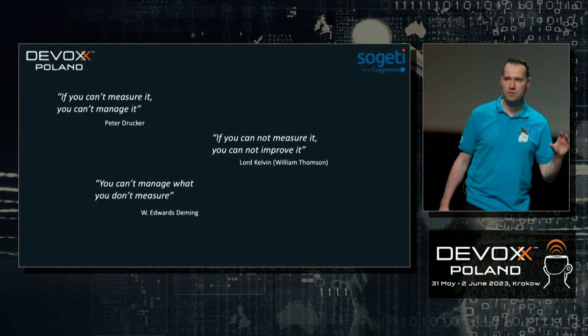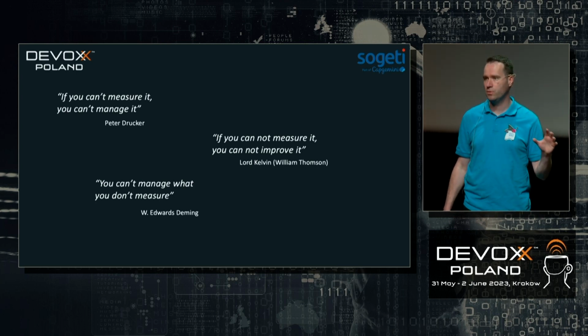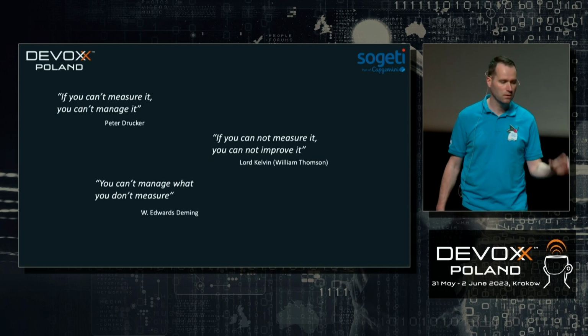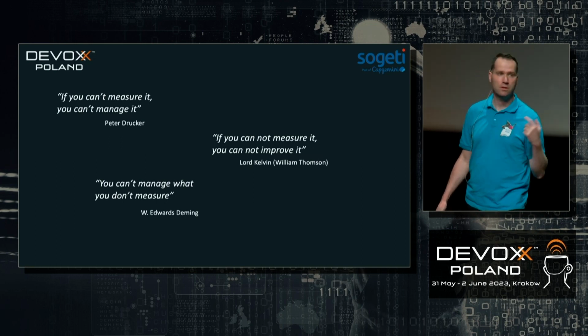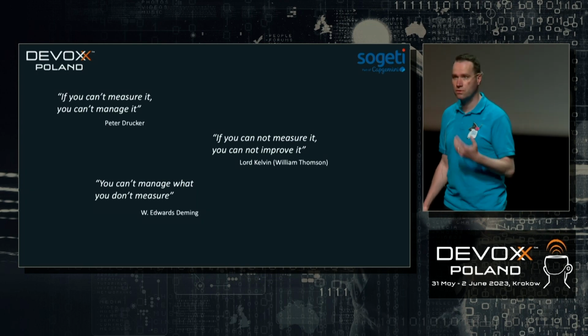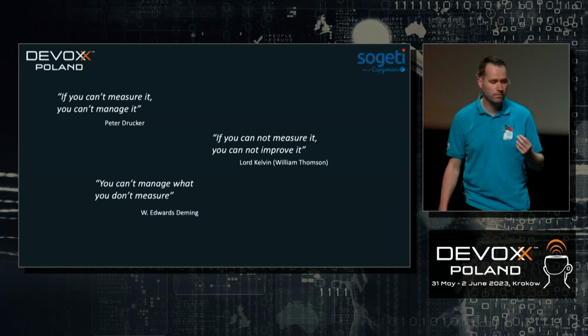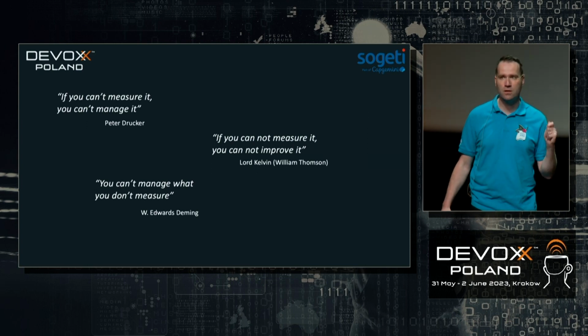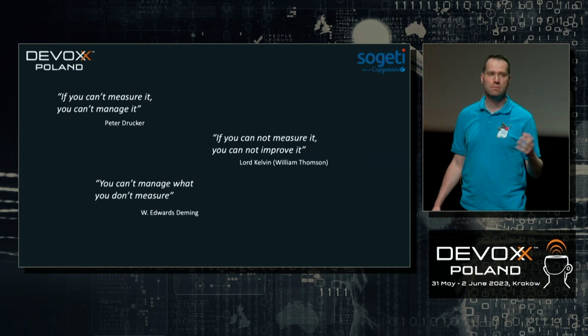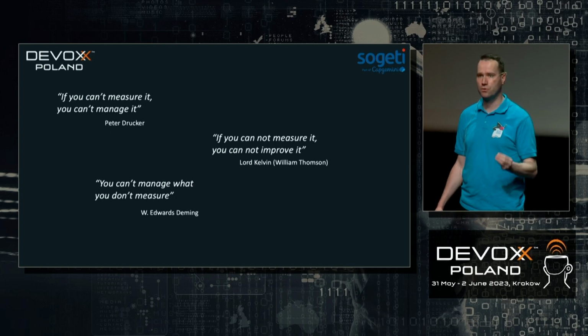It has been mentioned by quite a lot of people across history. So by Peter Drucker, Lord Kelvin, who was actually where the Kelvin measure of temperature came from, and also Edward Deming. So it basically comes to this: you need to measure something before you can change it.